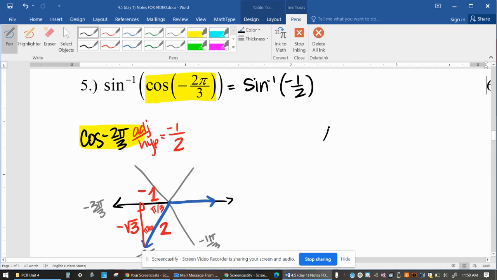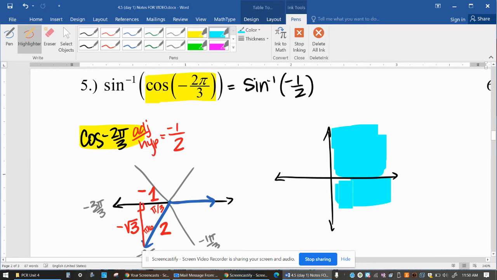So sine inverse is restricted to quadrants 1 and 4. But because it's negative, it's going to be the one in quadrant 4. Okay? Okay, so we want the reference angle, right? We need to figure out what it is, but we want opposite over hypotenuse to be negative 1 half.